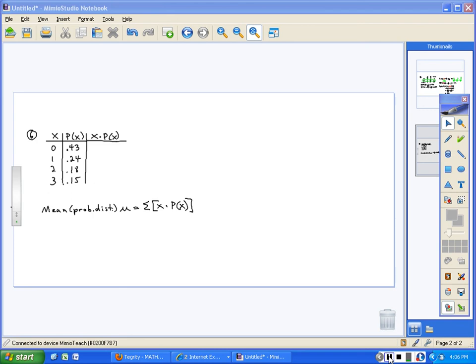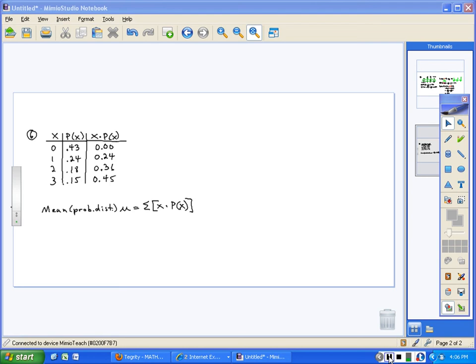So 0 times 0.43 is 0. 0 times anything is 0. 1 times 0.24 is 0.24. 2 times 0.18 is 0.36. And then the last one is 3 times 0.15, which is 0.45.